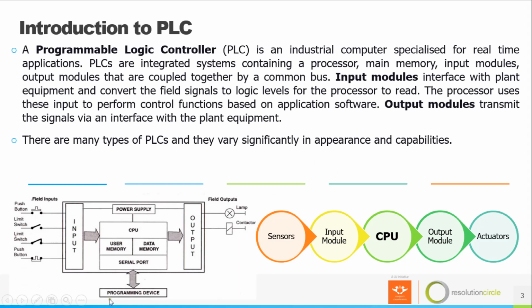As you can see in my picture below, I have the architecture of a PLC that shows how a PLC is built. It consists of CPU, user memory, data memory, and serial port. On the serial port, it's where you connect or communicate with a programming device, which will be your computer.